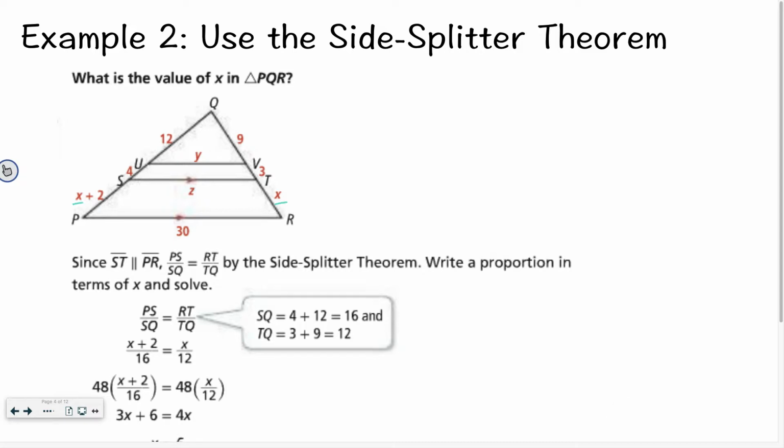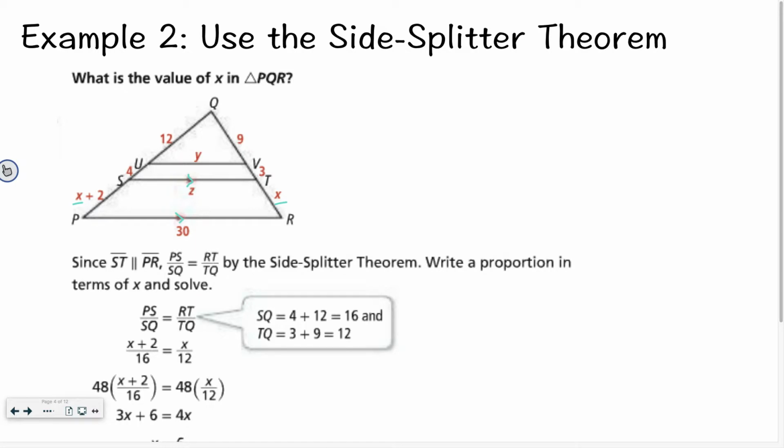According to our picture, segment ST is parallel to segment PR, which is helpful because then we know we have similar triangles, and therefore we can set up a proportion and solve.